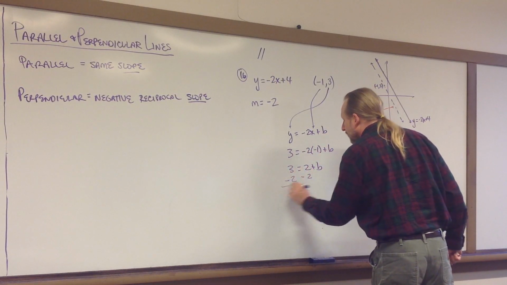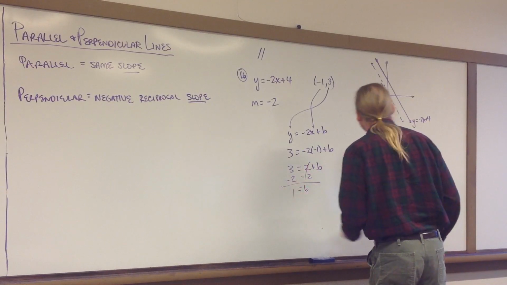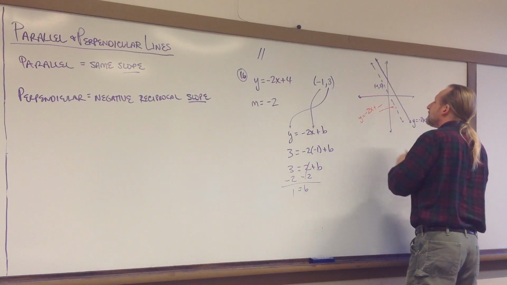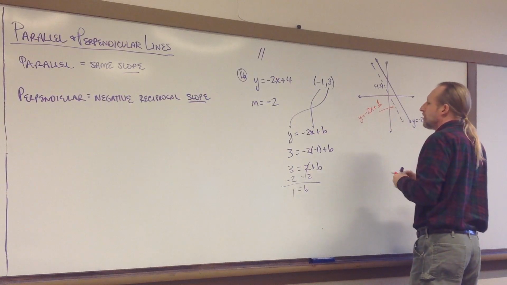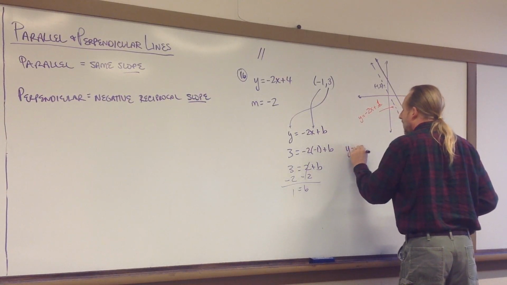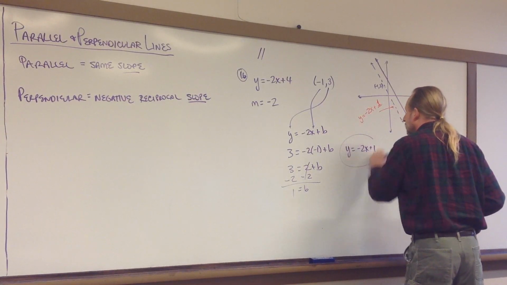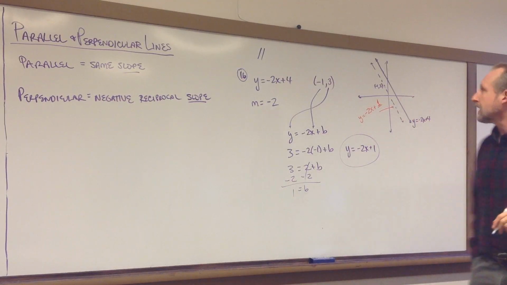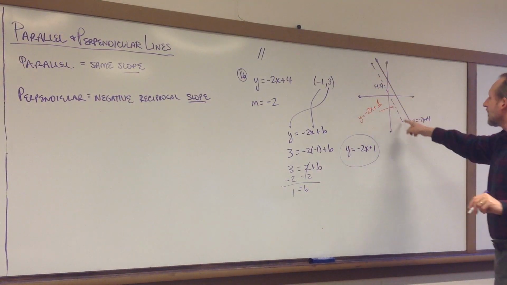And so in this situation, b is equal to 1. And so the answer for this problem, y equals negative 2x plus 1. That's the equation of this line right here.